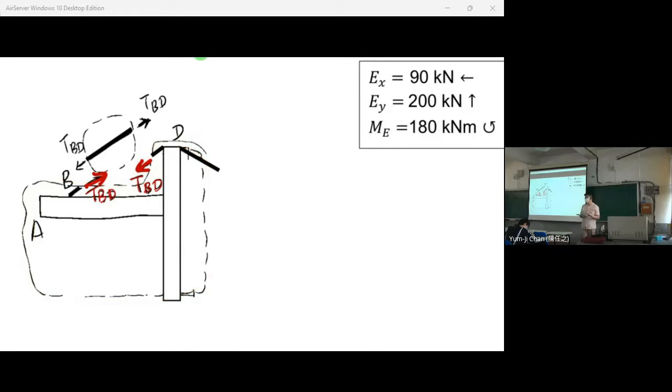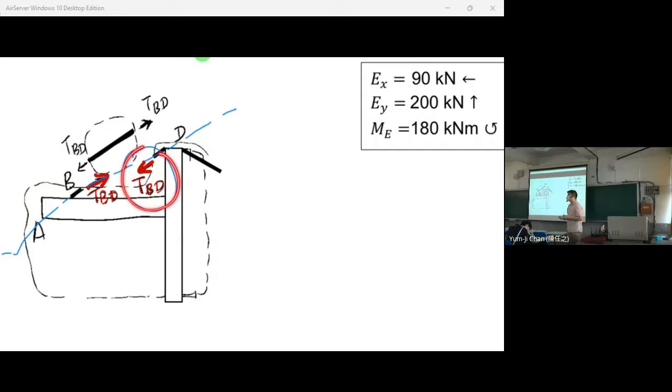But what happens next is, if you assume this structure as a rigid body, this force T PD has the same line of direction. What can we do with this T PD? We can move it along the line of action to here.